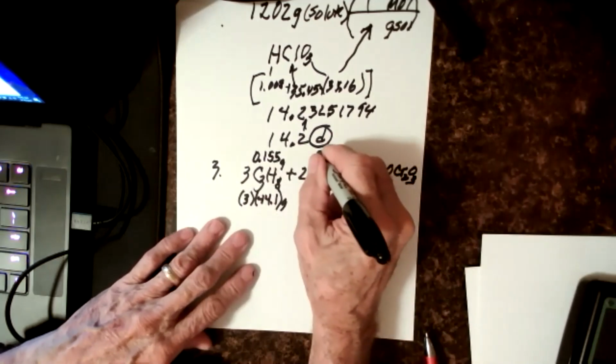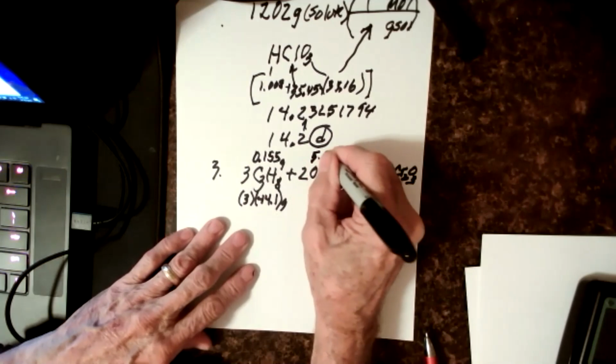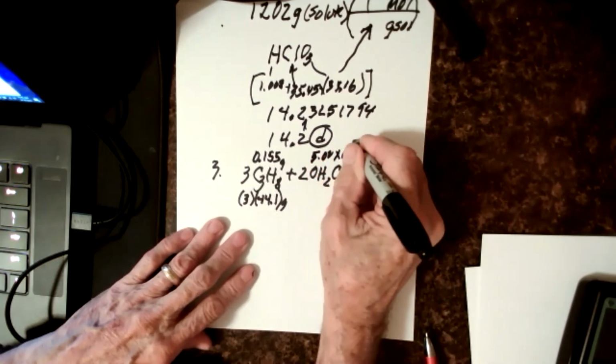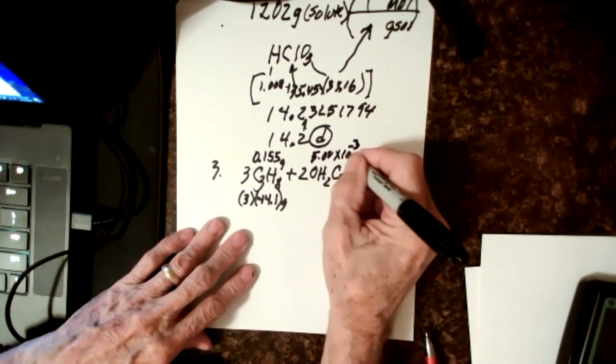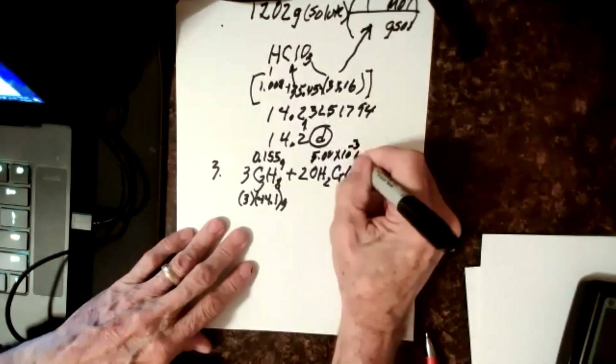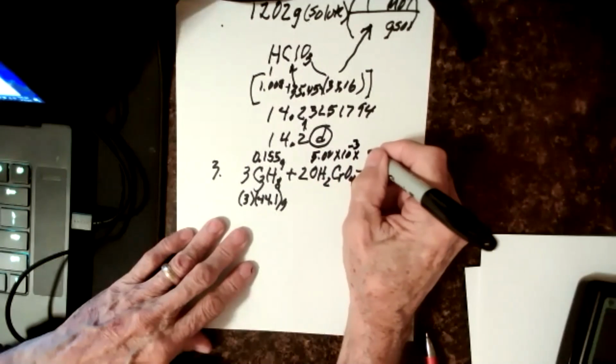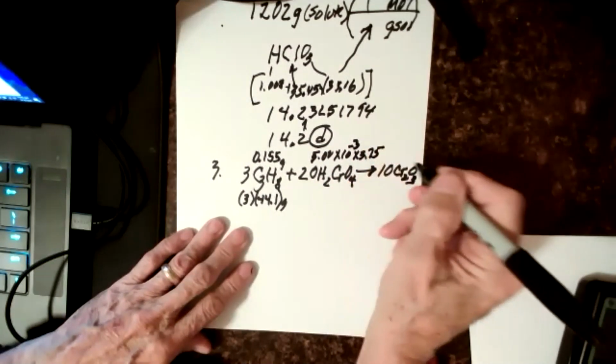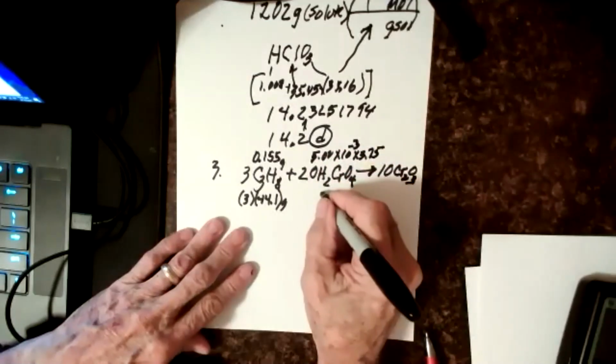This says 5 milliliters, so I'm going to write that as 5.00 times 10 to the minus 3 liters, and I want to multiply by the molarity, 3.75. That'll be moles. The equation is showing 20 moles.